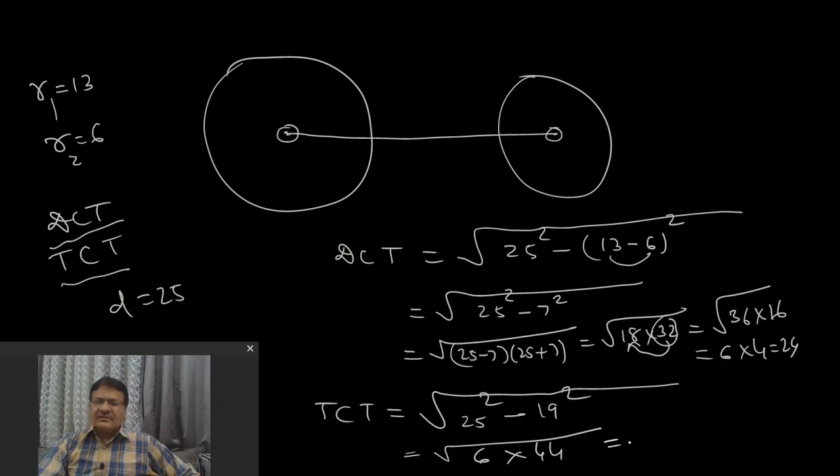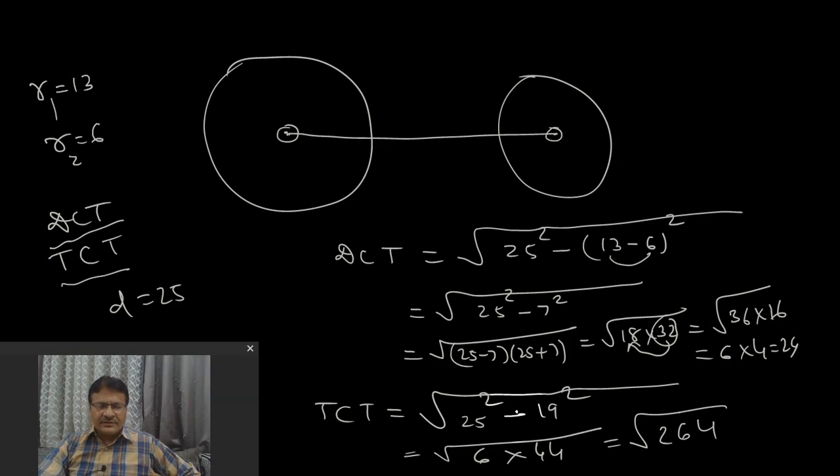So square root of 6 into 44. 6 4s are 24, carry over 2, 264 square root is my answer. I hope that is clear. No issues? Okay.